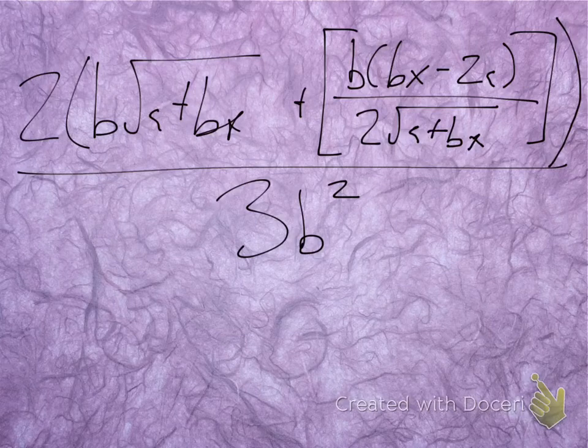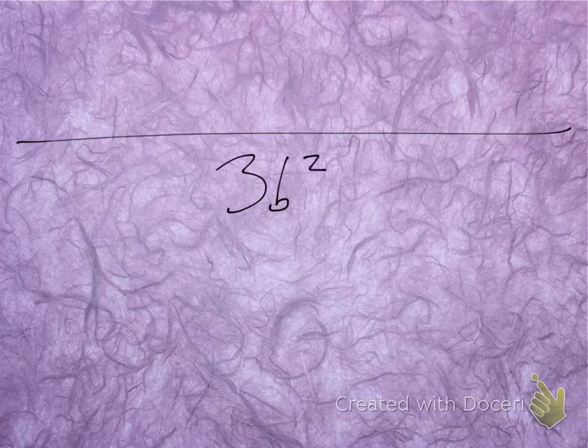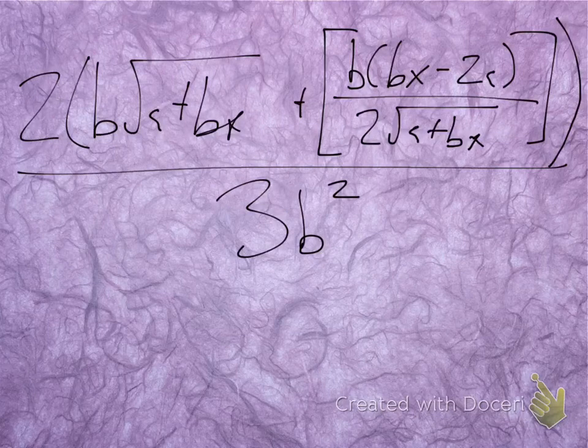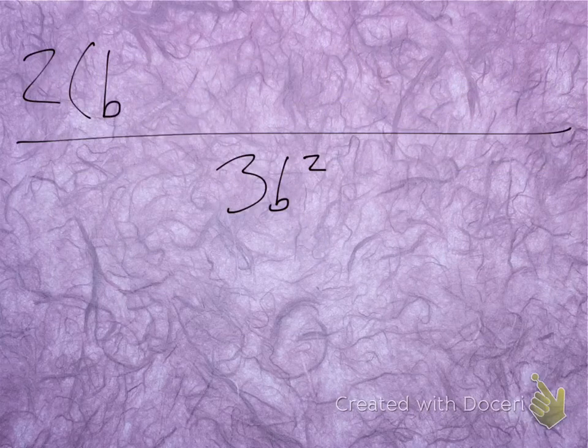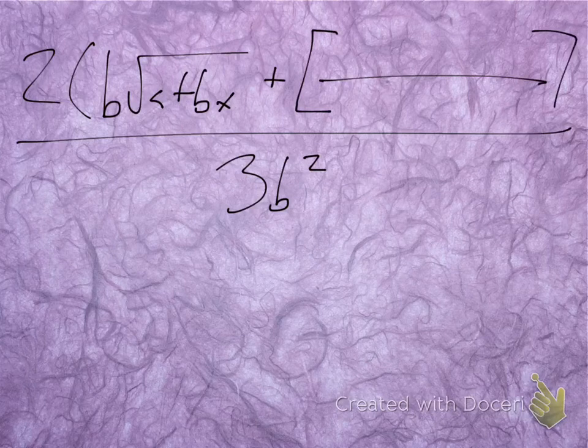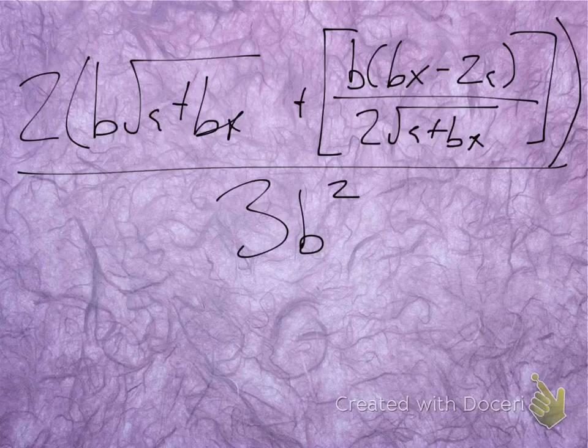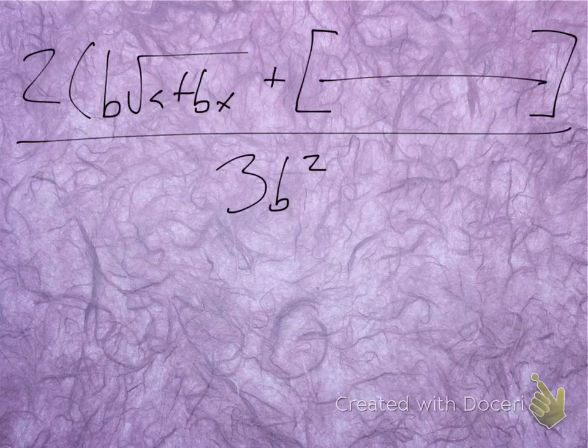So let's simplify this some more, and we should get 3b squared on the bottom times 2 on the top, b times rad a plus bx, yep, b times rad a plus bx plus b times bx minus 2a. You know what? Yeah, this is as simplified as this is going to get.